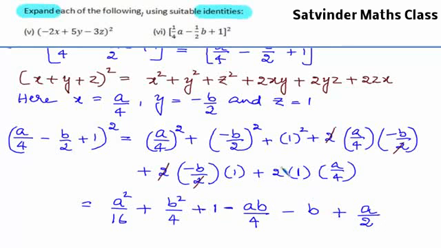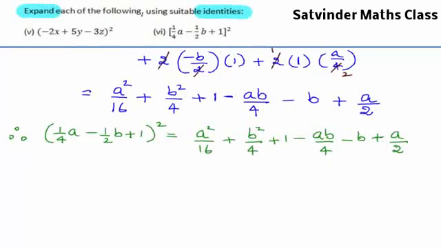Plus, you can cancel out 2 in this, 2 ones and 2 twos, so this gives us a upon 2. Therefore, the expansion of 1 by 4 a minus 1 by 2 b plus 1 whole square is equal to a square upon 16 plus b square upon 4 plus 1 minus ab upon 4 minus b plus a upon 2. So this completes the solution.